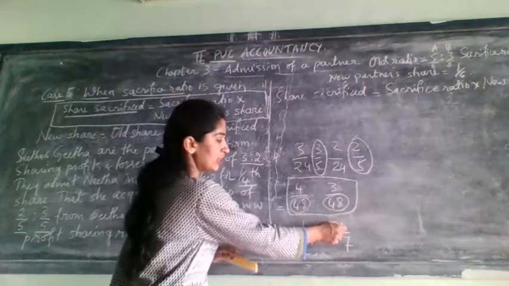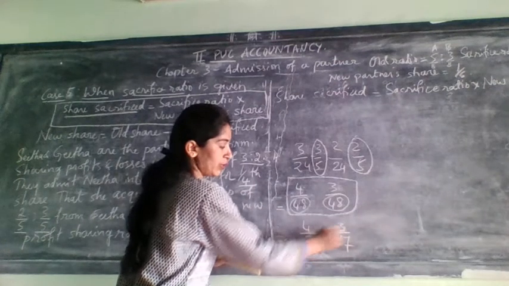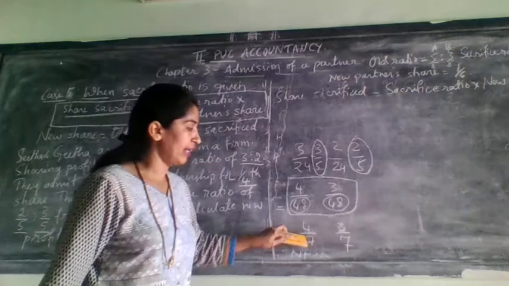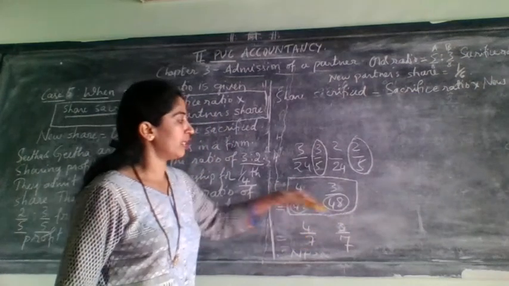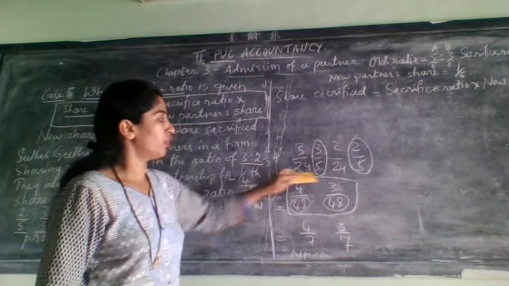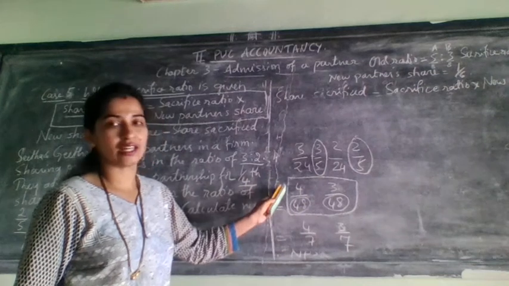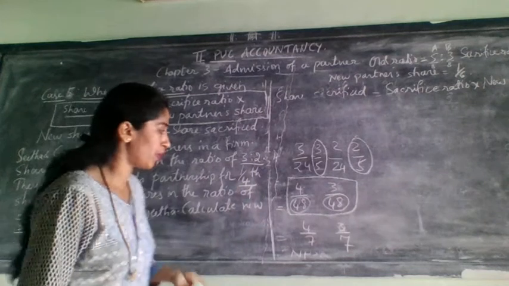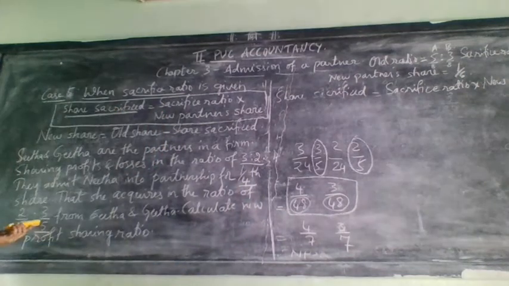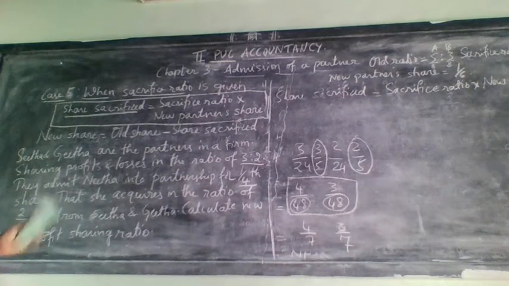When you add the numerators and get the denominator, this is considered as ratio. But if the denominator is entirely different and you add the numerators and do not get the denominator, then this is considered as sacrifice share. Okay, so let us do the problem. Here they have given 2/5 and 3/5. This will come under sacrifice ratio and it is not share sacrificed.